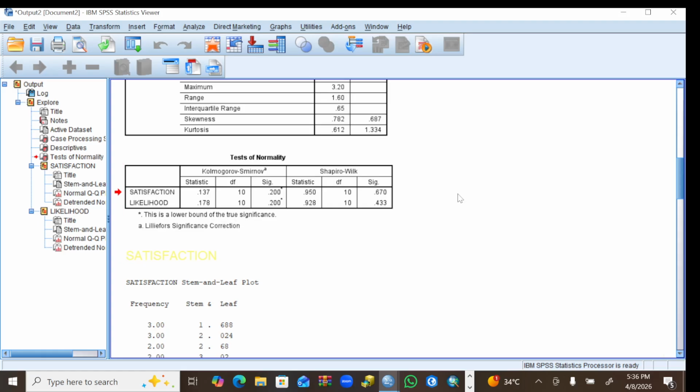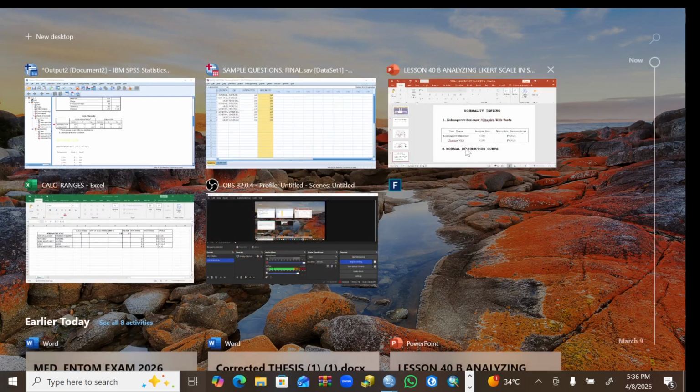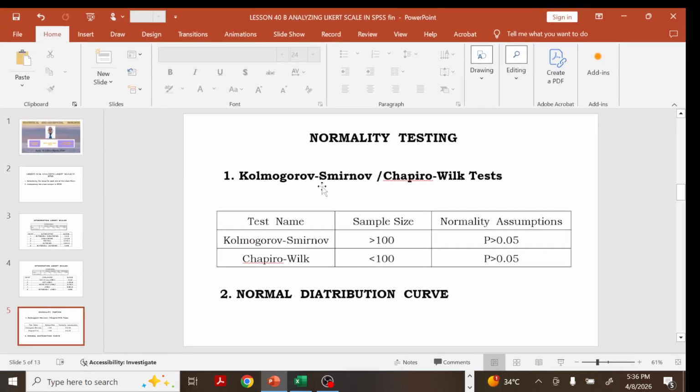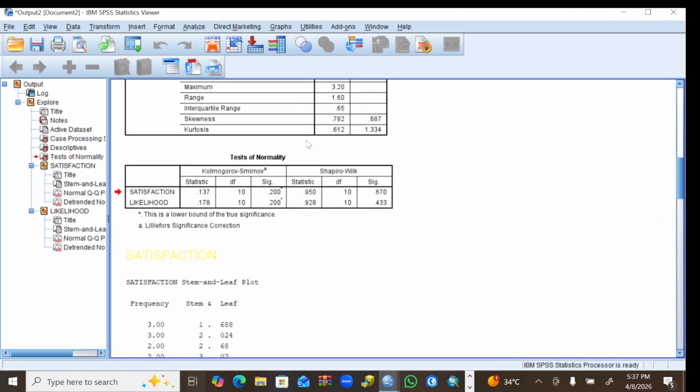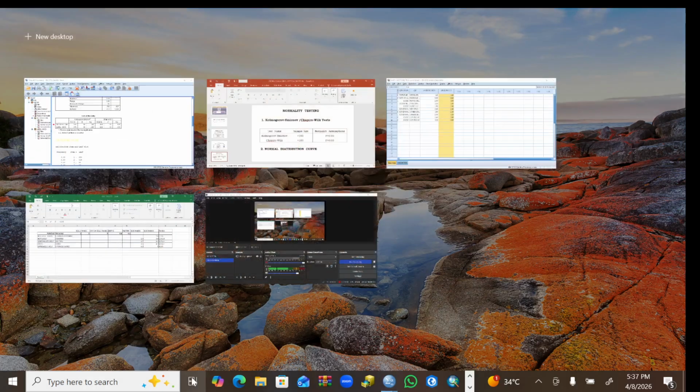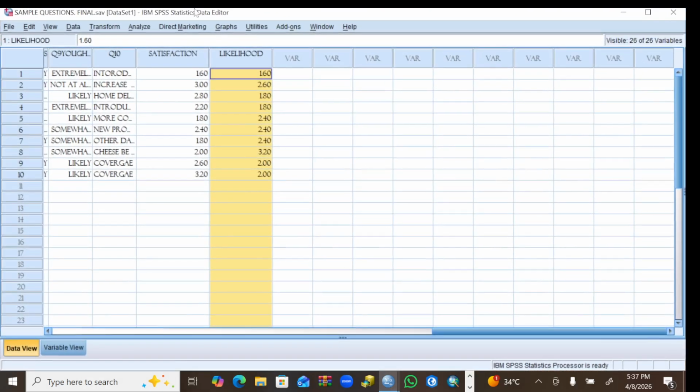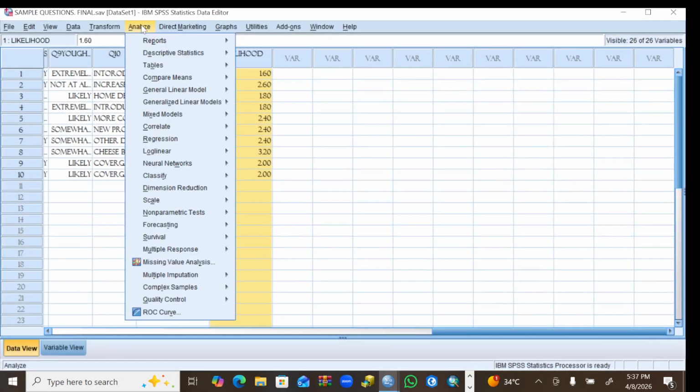Then we go again to the next one. Remember I told you I have two: the Kolmogorov-Smirnov and Shapiro-Wilk, and the normal distribution curve. So I'm going to look at the normal distribution curve. You go to the data here, go to Analyze, Descriptive Statistics.